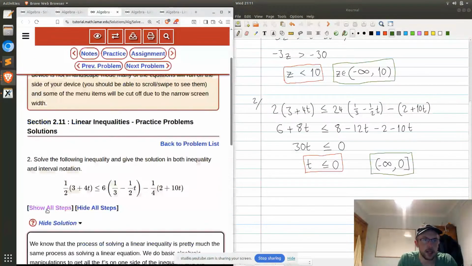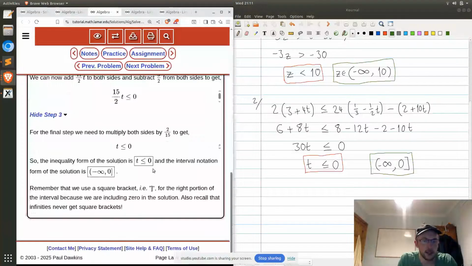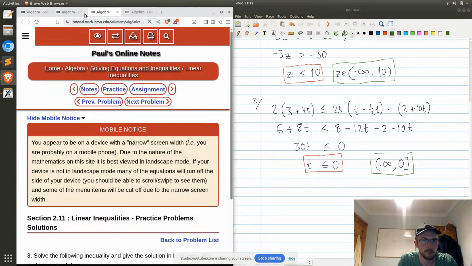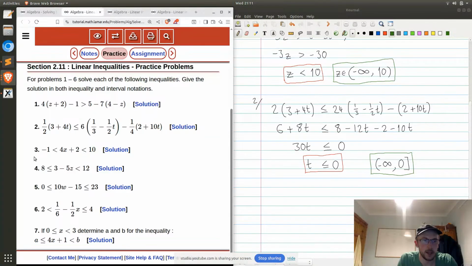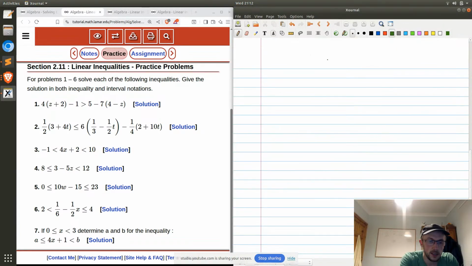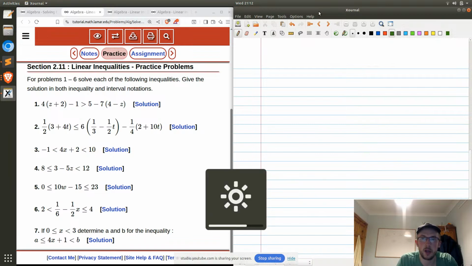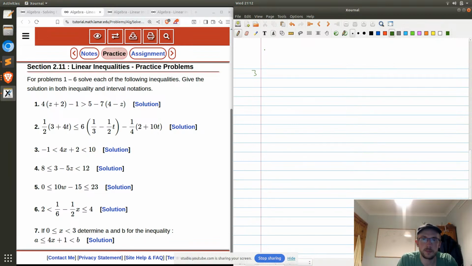Everything must be checked. And that is correct. Next, we have a compound inequality, or like a 3-part inequality, if you know what I mean. Okay, that's the third problem.